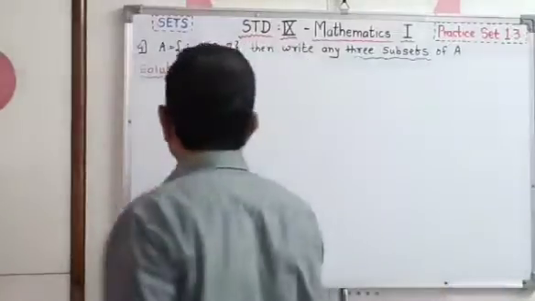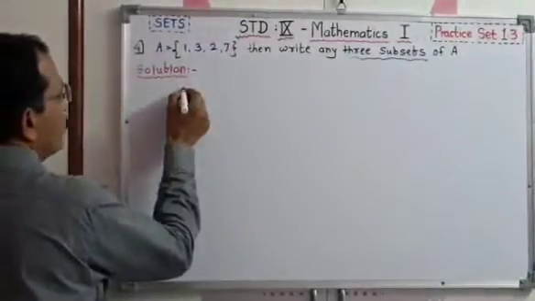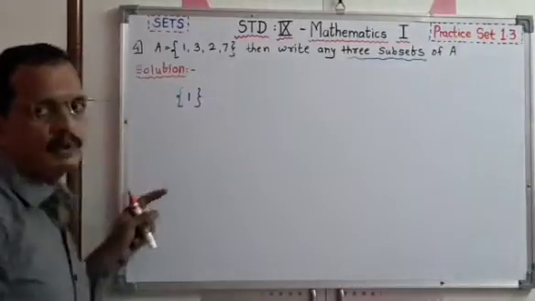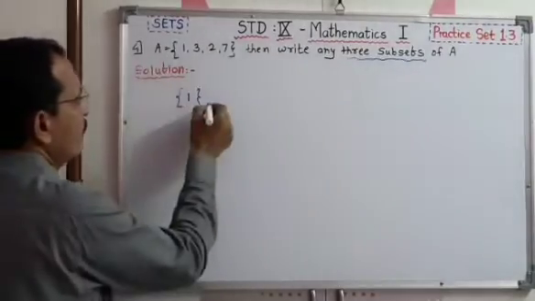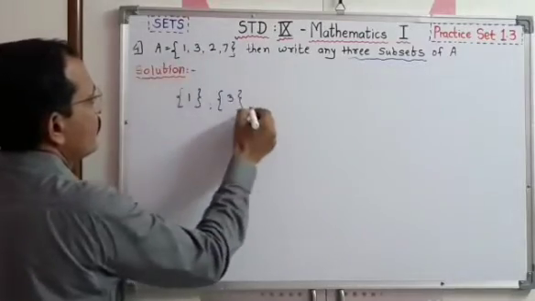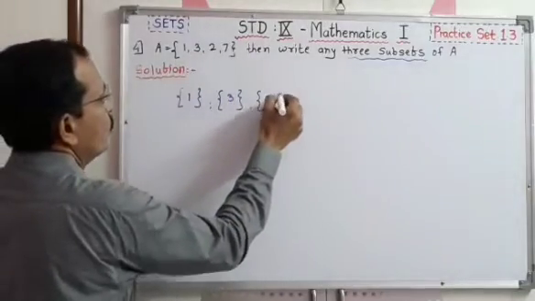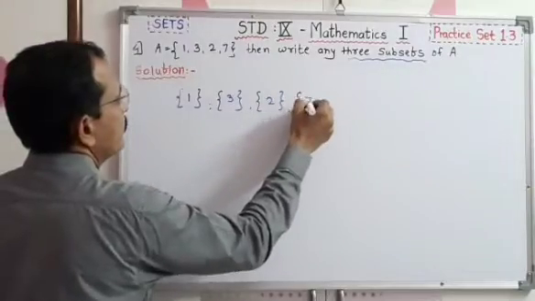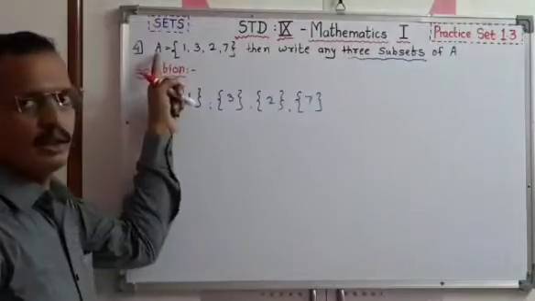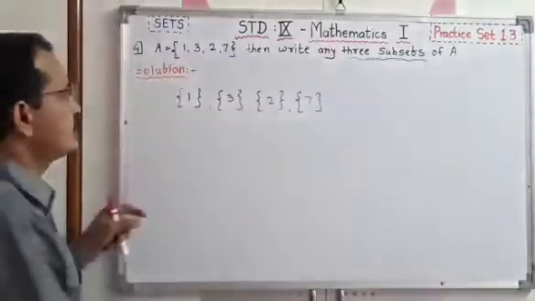Now see, first of all we can write this one, this set is a subset of A. Then we can take this 3, which is a subset of A, then 2, then 7. These 4 are subsets of A. Like this we can write many sets.